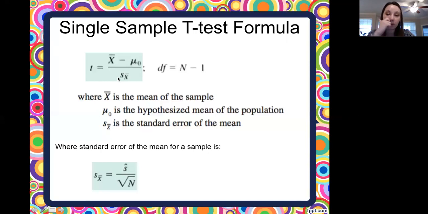So that's your only difference. And the reason that that's the only difference is because with the t distribution, we don't have that information. So we've got to use our sample data rather than our population data in order to find our t. So that's your difference between our t and our z, which we talked about in chapter 8.